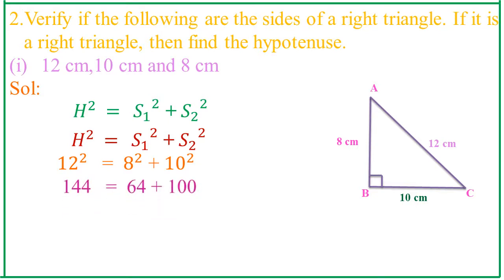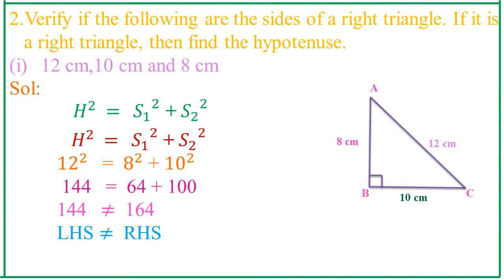12 squared means 12 twelves are 144, equal to 8 squared means 8 eights are 64, plus 10 squared means 10 tens are 100. We get 144 equal to 64 plus 100. We can add the values. We get 164. 144 not equal to 164.